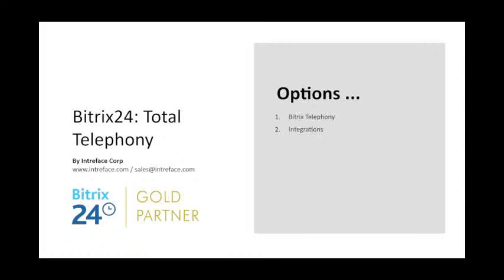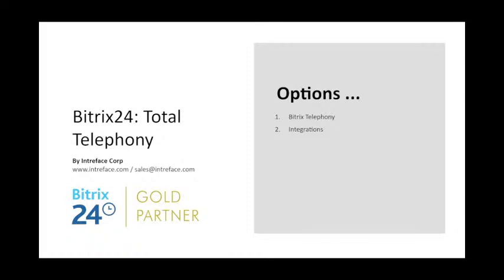First of all, it's important to understand the different options we have for telephony within Bitrix24. The first option is Bitrix Telephony, where you rent a number from Bitrix24, which is then integrated into your Bitrix24 system. This is a brand new number.